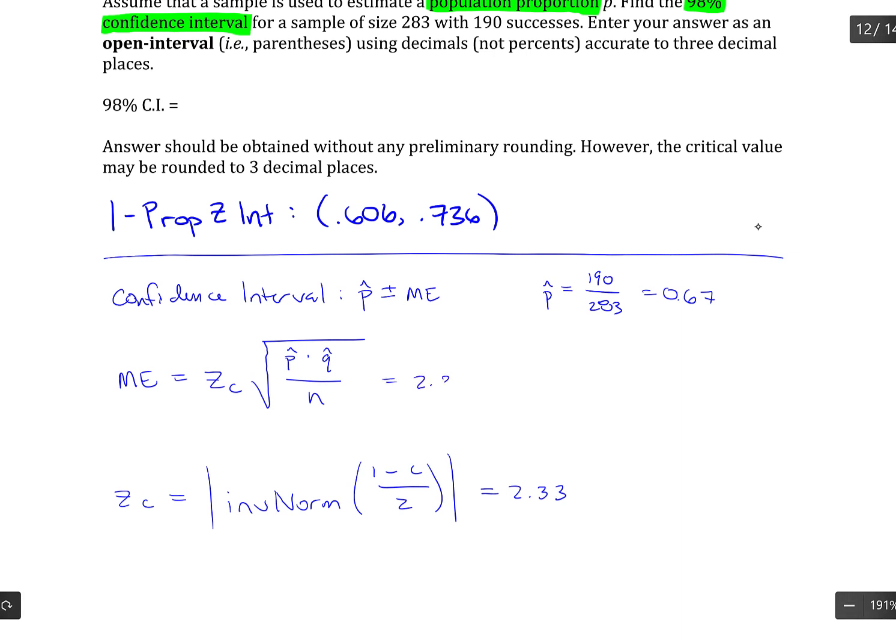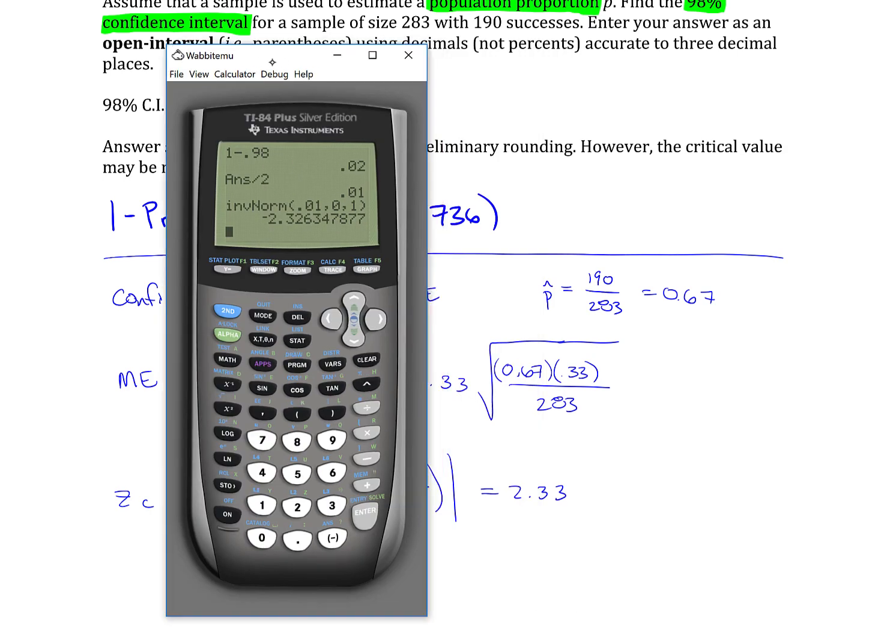So my margin of error then is 2.33 times the square root. P hat is 0.67, and q hat is the complement of that, so 0.33, so 1 minus 0.67. N was 283. We just need to type this into the calculator.